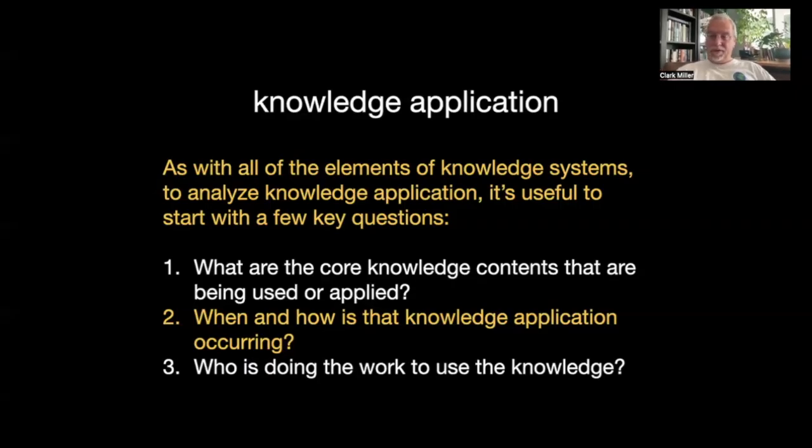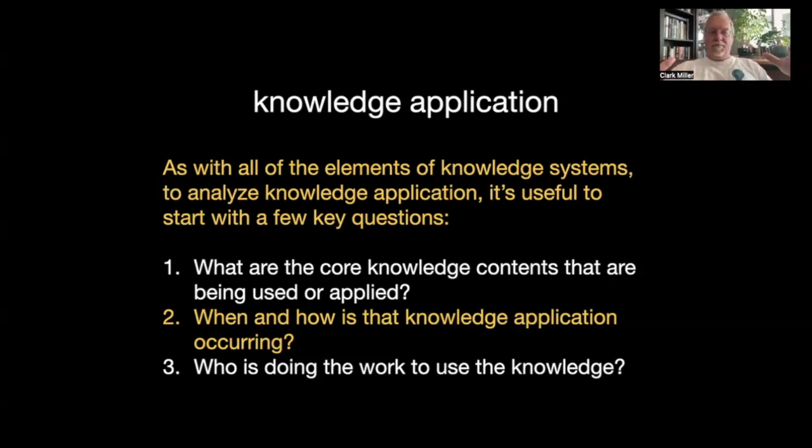Right? This can help you as a knowledge analyst think about, is your knowledge system producing too much information that's getting in people's way? Right? Is the core of the knowledge something specific in there, where you can really strip away some of that extraneous knowledge, really make it more focused, right?